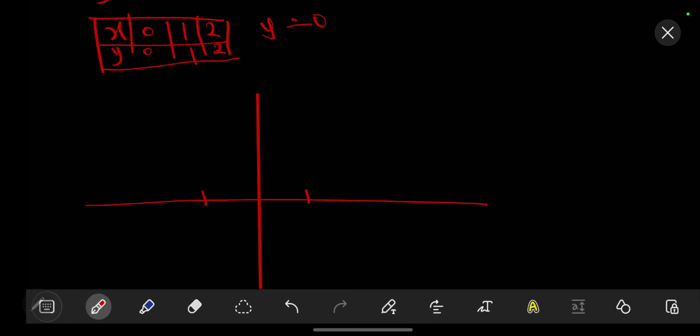Negative 1, 1, negative 2, 2, but this is just for the introduction. So from the table, I can establish that 0 will correspond with 0, 1 will correspond with 1, and 2 will correspond with 2. Likewise, even the negatives will follow suit like that.